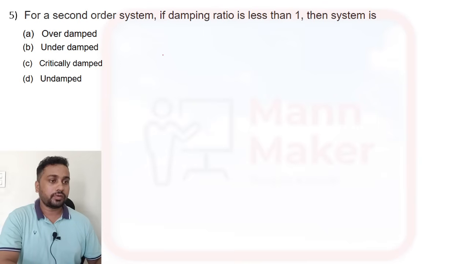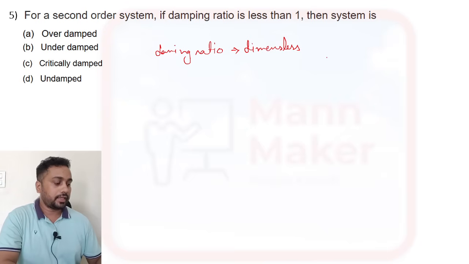So, what is damping ratio? First, generally it is in control systems. Damping ratio is a dimensionless transient response.